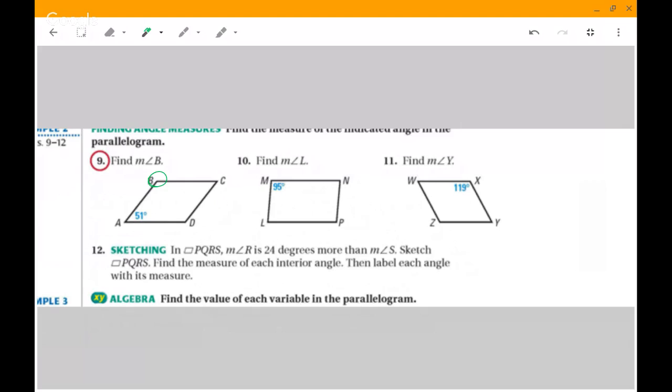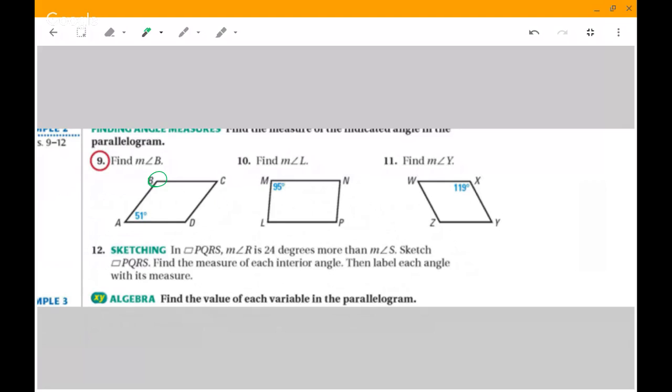Oh, we just did this. Yeah. So 51 equals... So whatever B is plus 51 would be 180, right? Mm-hmm. So what'd you get?